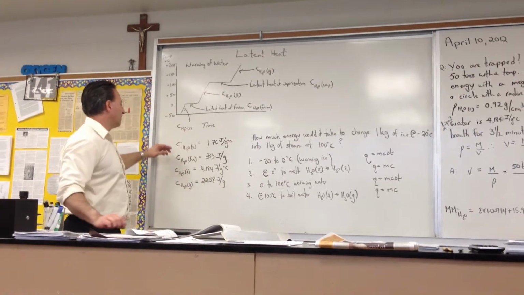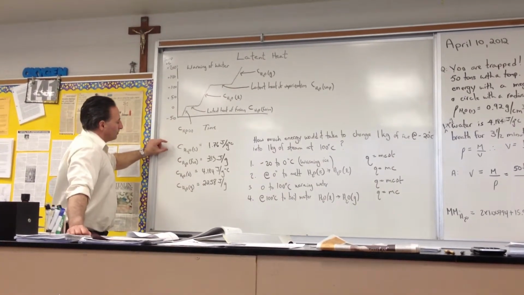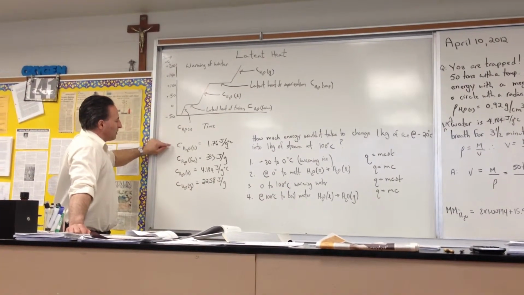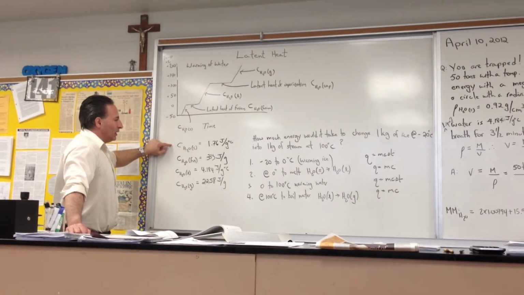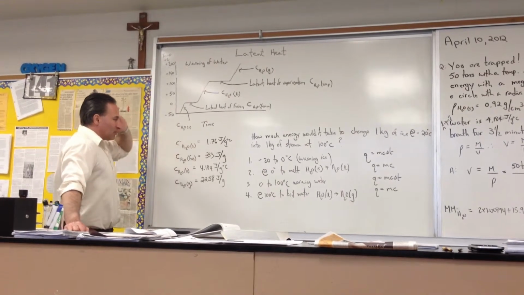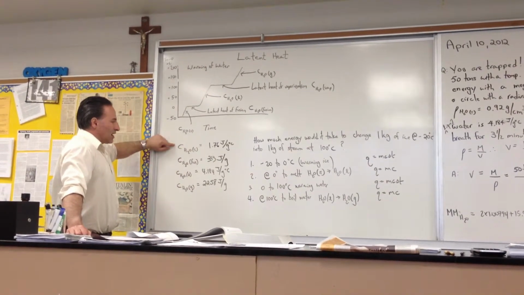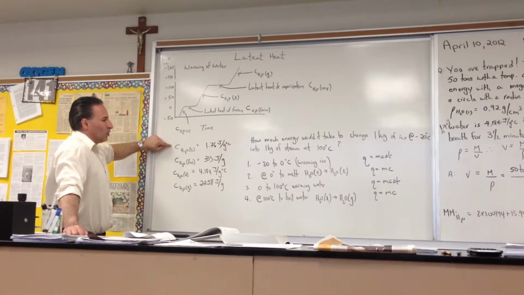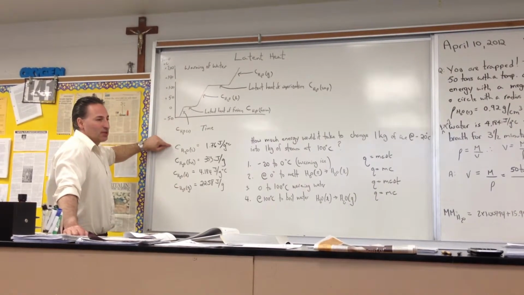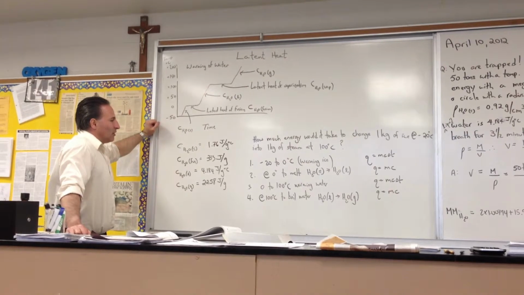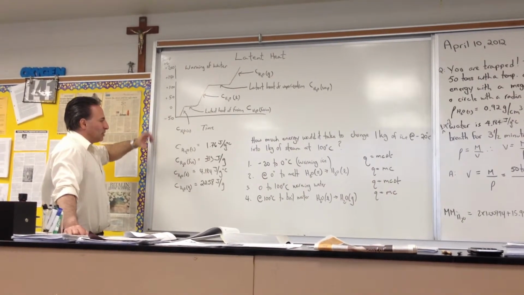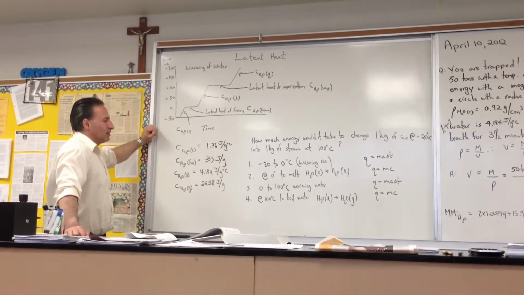We'll see that in truth the specific heat capacity of ice varies with temperature. And this value was what I looked up in the CRC and is accurate for water, ice, at -30 degrees Celsius.